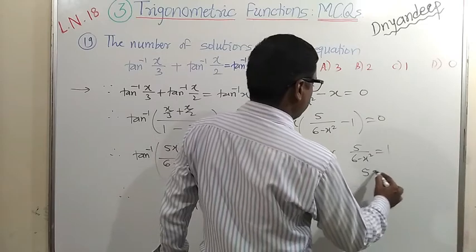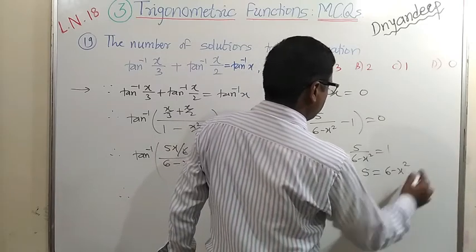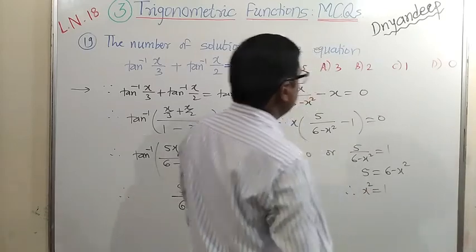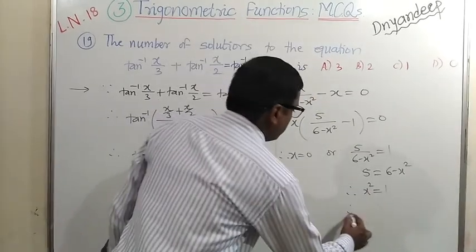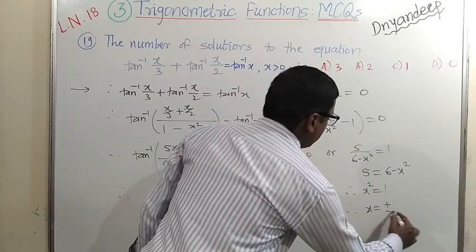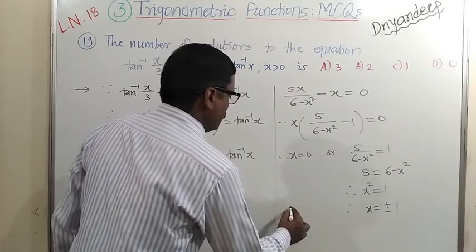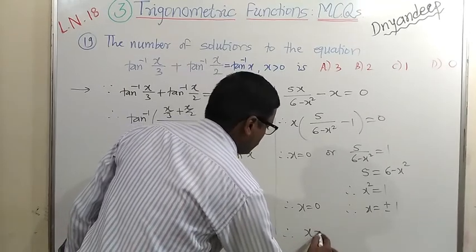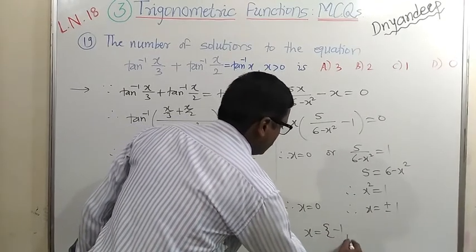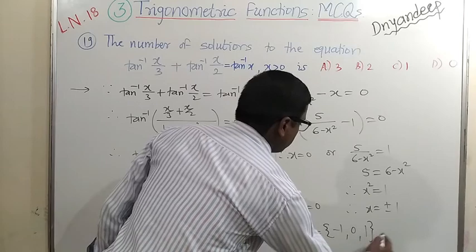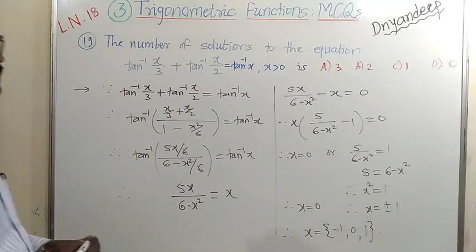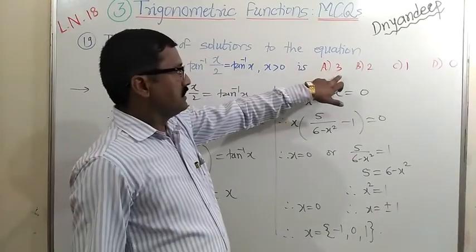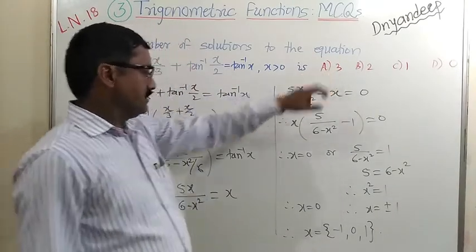That is, 5 is equal to 6 minus x square. Therefore, x square equal to 1. Therefore, x is equal to plus or minus 1, and here we get x equal to 0. Therefore, the values of x are minus 1, 0, 1. And therefore, the number of solutions to this equation is 3, that is option A.